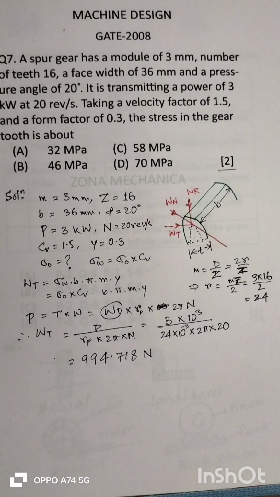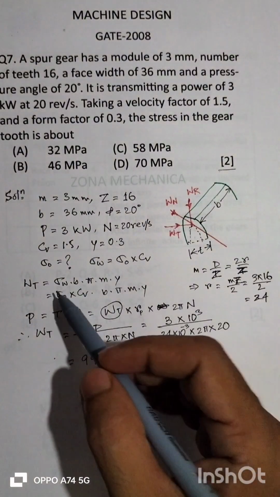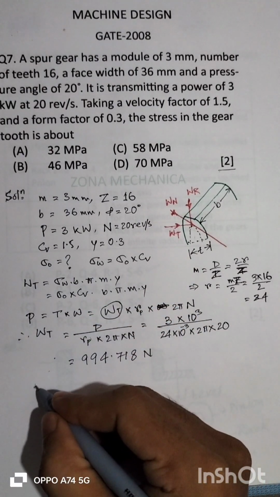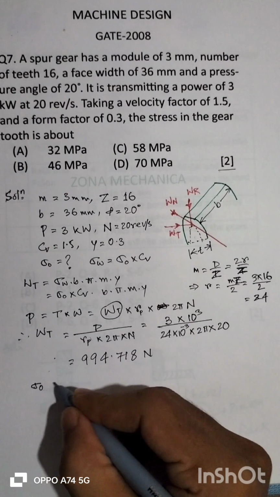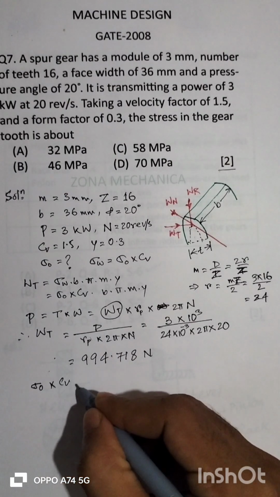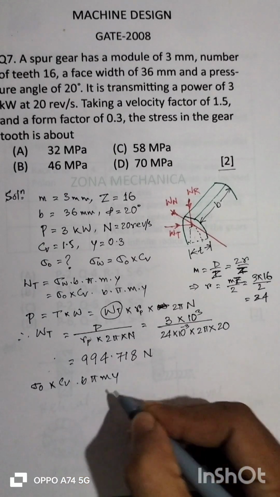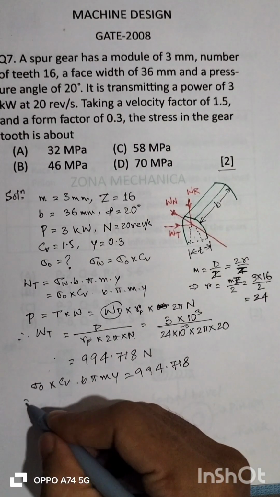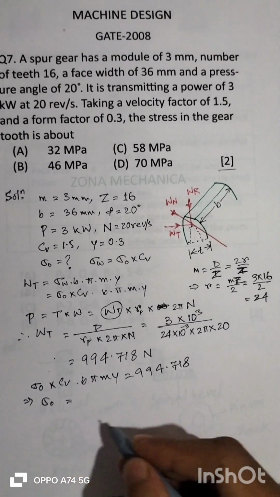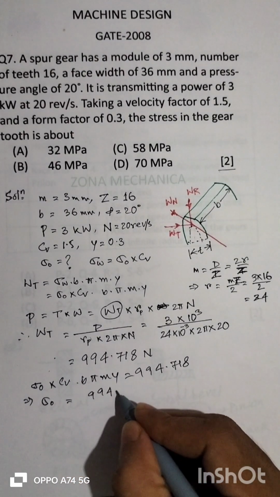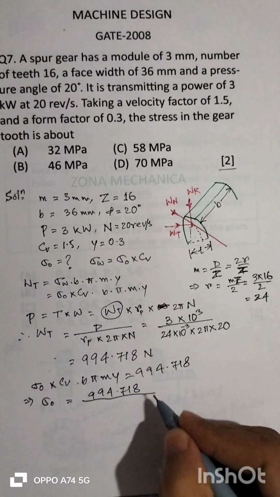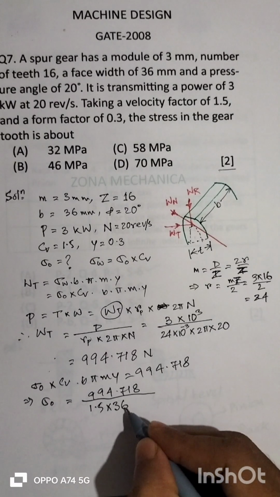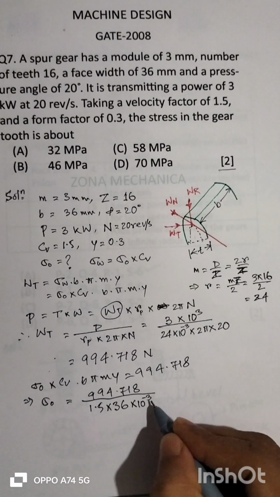Now Wt is equal to sigma 0 multiplied by Cv b pi m y, which is 994.718, which implies sigma 0 will be equal to 994.718 divided by Cv, 1.5, b, 36 multiplied by 10 to the power minus 3 in meters.